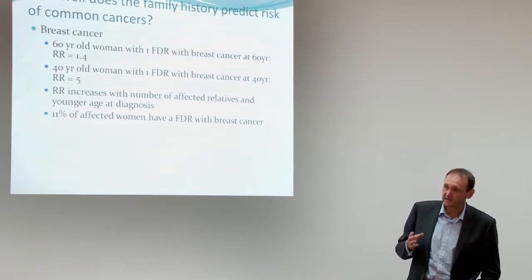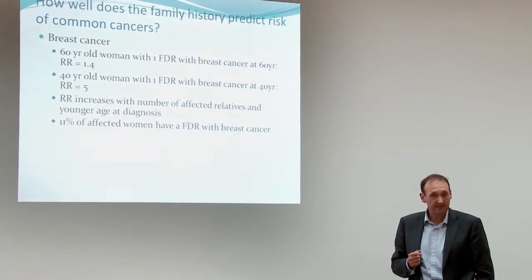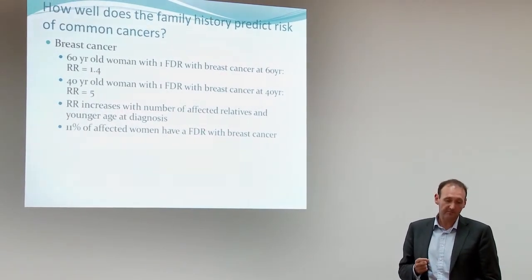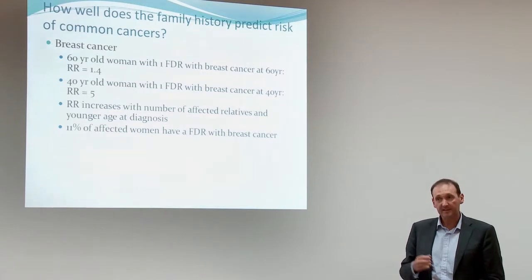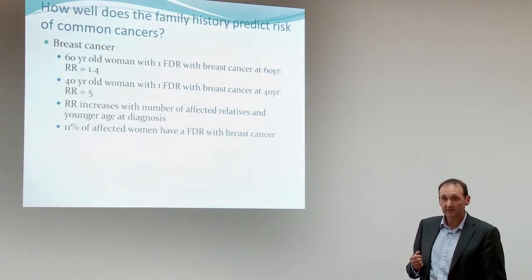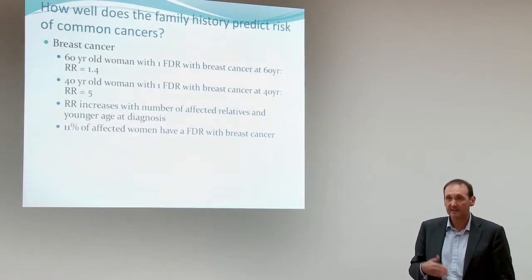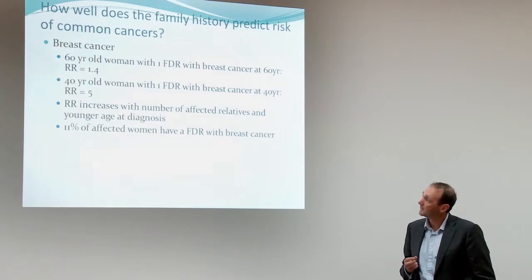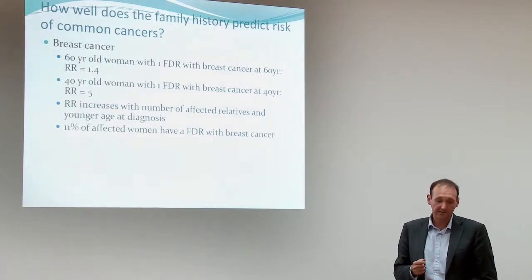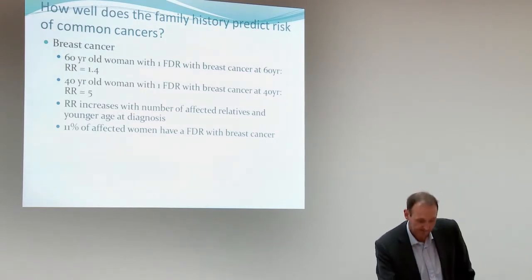But you'll see that with younger age of onset and multiple affected relatives, the risk increases. That's common for most of the cancers we'll be discussing, so age of diagnosis is very important in adding to that risk. And 11% of women diagnosed with breast cancer will have at least one first-degree relative with breast cancer.